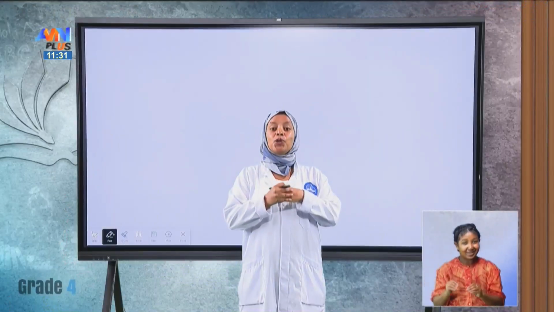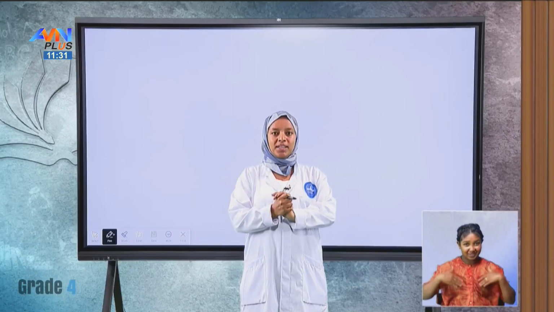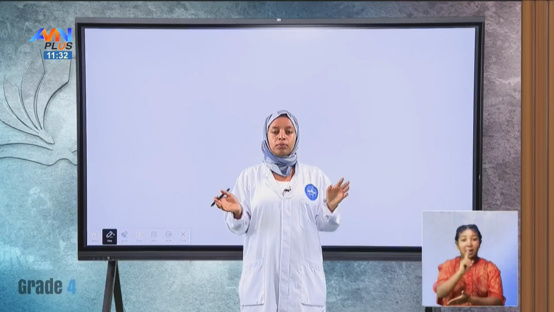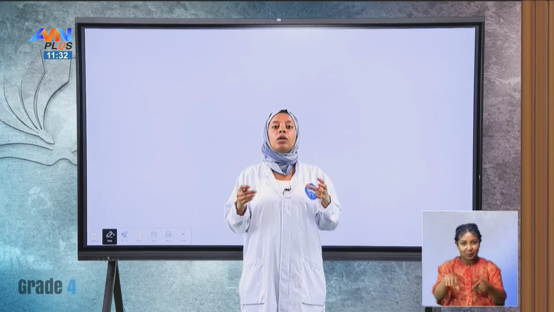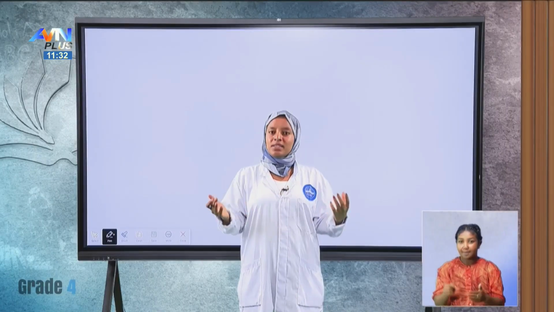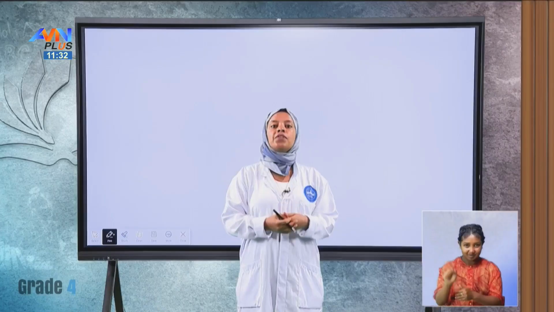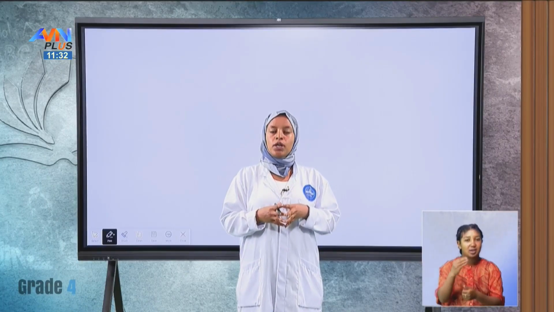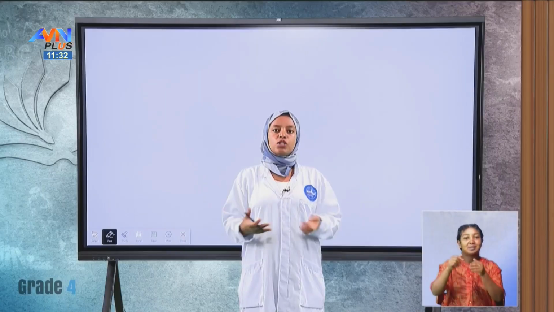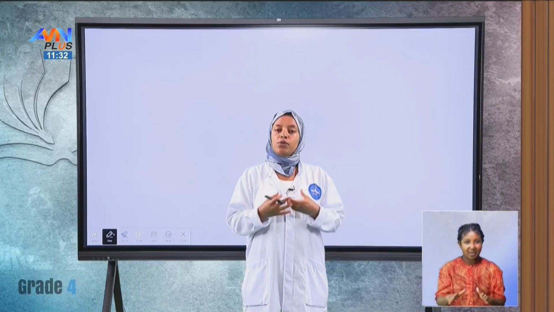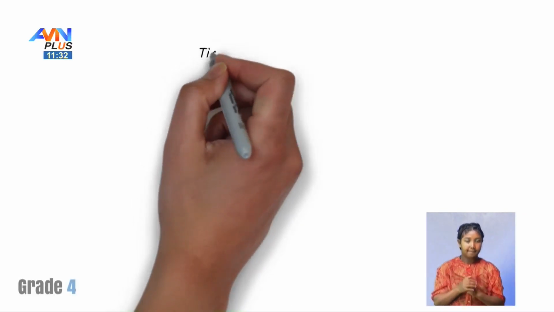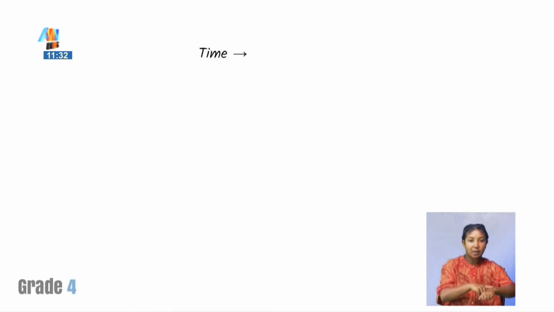Students, I hope you all enjoyed the lesson. So, students, what did we learn today? Today, we learned about simple past tense, the rule of simple past tense, how we are going to use it, what simple past tense is, and which kind of verbs we are going to use. For example, here is a time and also a verb.